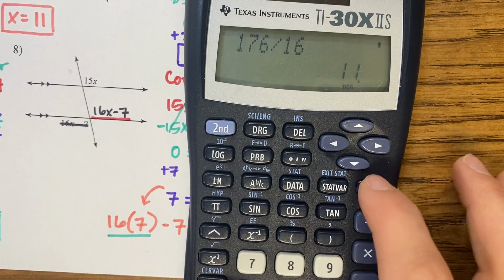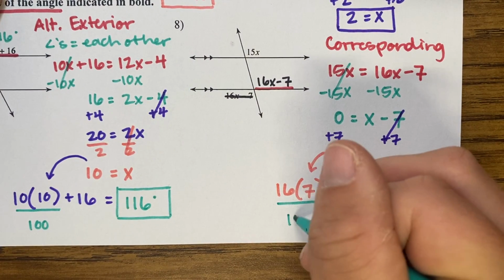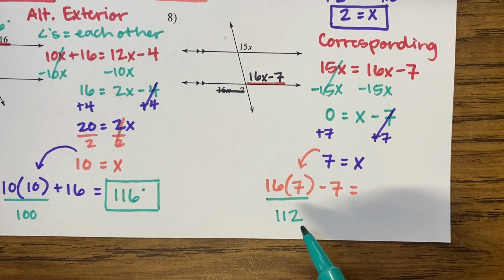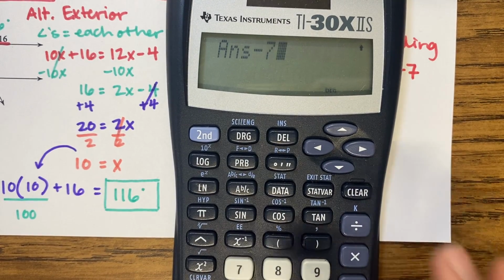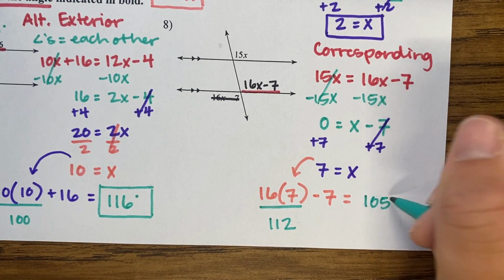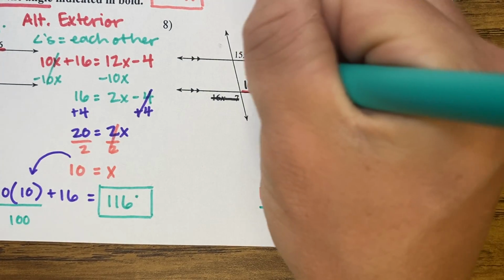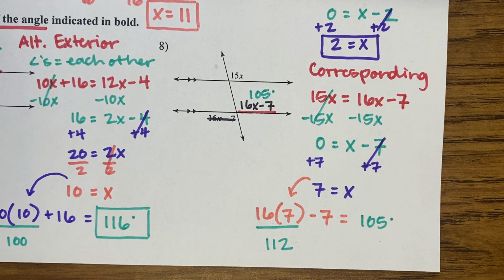So let's punch that into the calculator. 16 times 7 equals 112. And what is 112 minus 7? If you want to use your calculator, you can. We get 105 degrees. So we know that our angle that was indicated is 105 degrees.